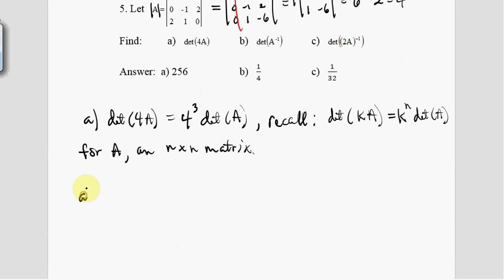So here for part A, this determinant of 4A is 4 to the 3rd, and we got 4 for the determinant. So this is 4 to the 4th, or 16 times 16, or 256. Okay.